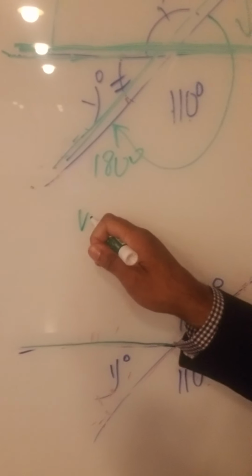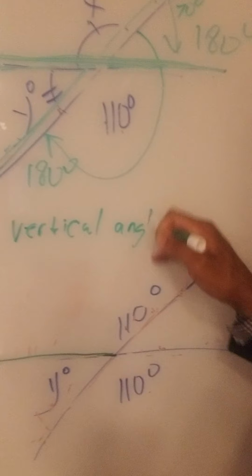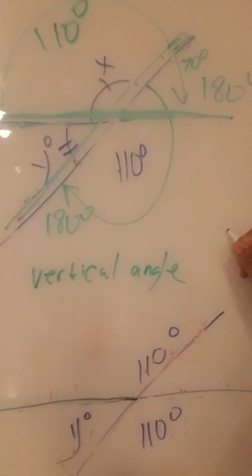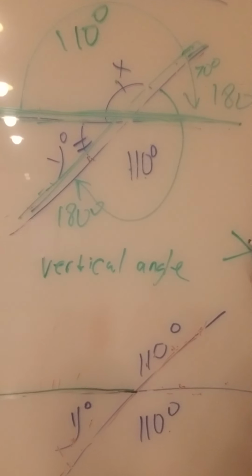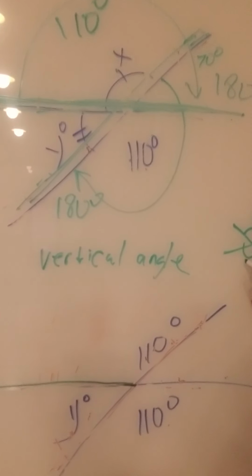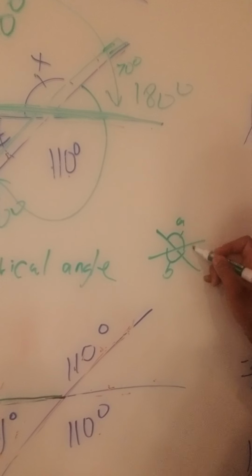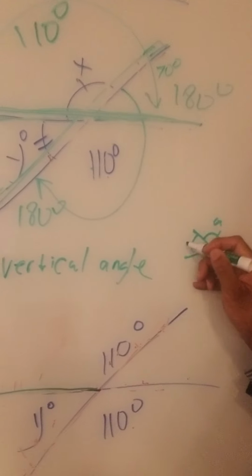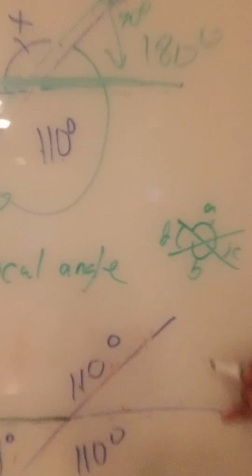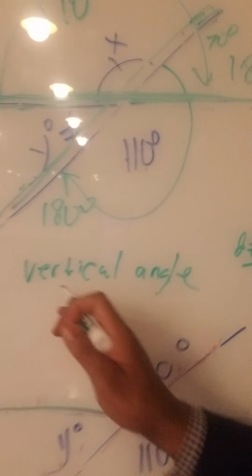The vertical angle rule says that if you have two lines that intersect, this angle A and angle B are equal, and angle C and angle D are equal. So the angles that are across from each other are equal.